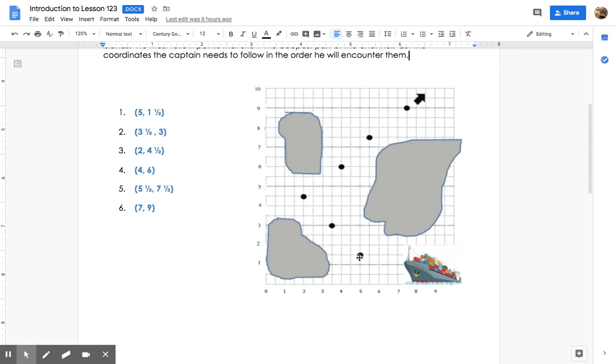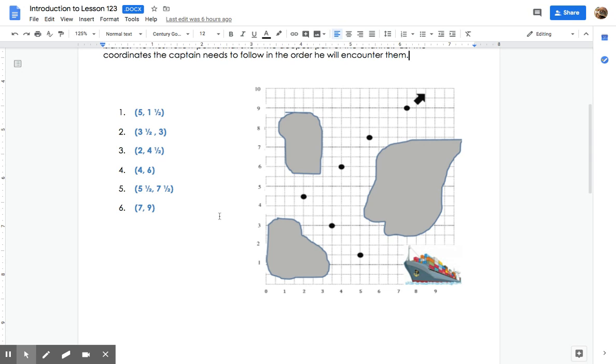So the distance from 0 is 5. It's 5 away from 0. Or the distance from the y-axis of this point is that it's 2 units away from the y-axis and 4.5 units away from the x-axis. So think about the distance or how far away something is from one of the axes.